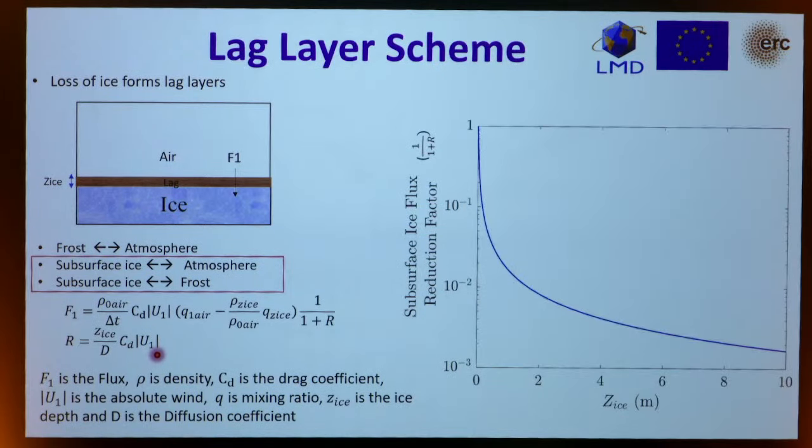So if we plot the subsurface ice flux reduction factor, 1 over 1 plus R, as a function of Z ice, we can see how the flux decreases significantly. It's enough to have about 10 centimeters to decrease the amount of flux by an order of magnitude, and almost 2 meters to decrease it by 2 orders of magnitude.